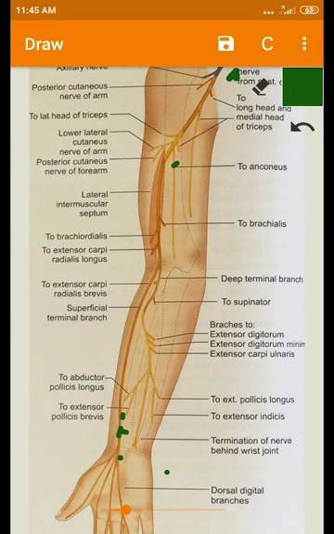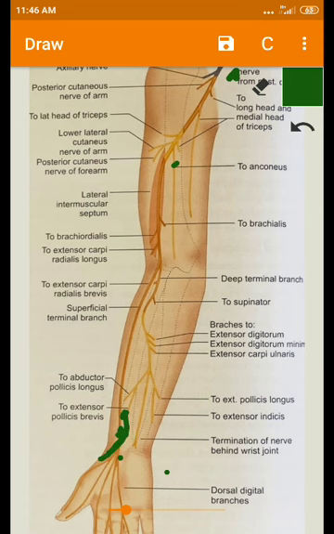We know that this brachioradialis muscle is getting inserted here. So below this brachioradialis muscle, this nerve is curving around the lateral margin of the forearm to reach the dorsum of the hand.